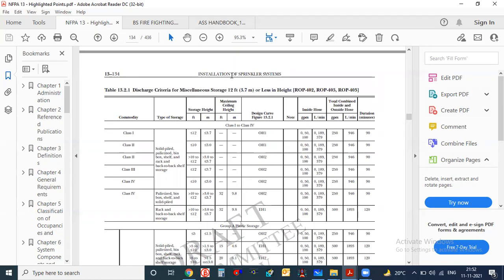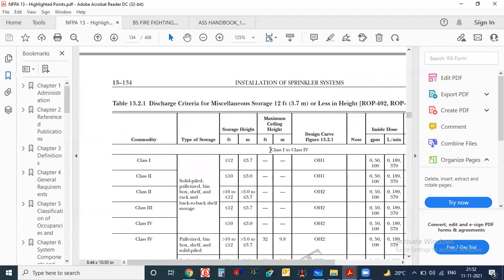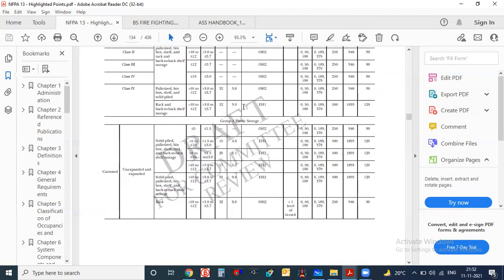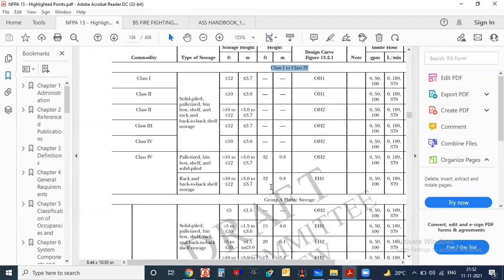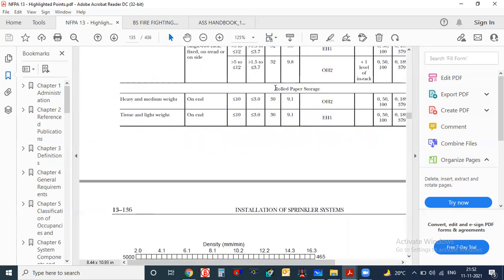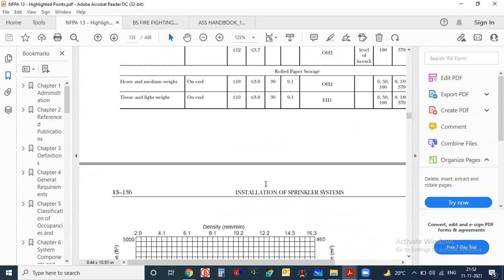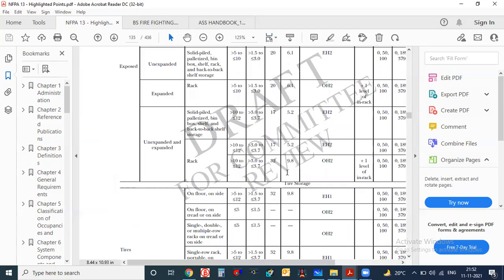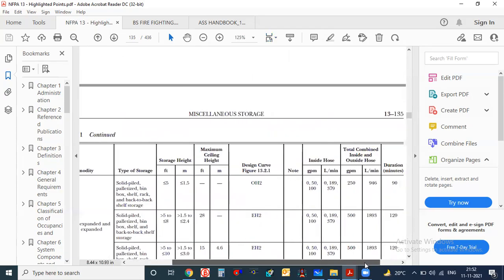Okay, here they have mentioned class 1 to class 4 commodities. Just remember this term. Here they have given group A plastic storage, and they will also give you group B also, I think, tire storage, rolled paper storage. Some buildings are given here, and what they have done is just give the inside hose and total combined outside hose.